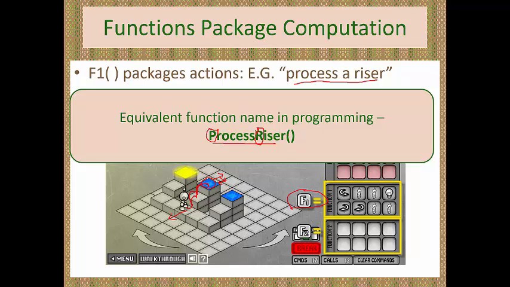Also, at the end of this function name, I have a pair of parentheses. Now, this pair of parentheses is used for what we call parameters. So it's extra commands that we can send to the function that it can execute. So what if the set of risers may be more than 2 steps? How many steps will this one work for?